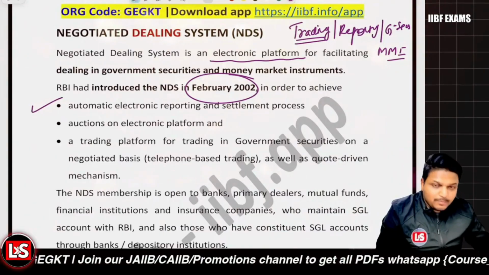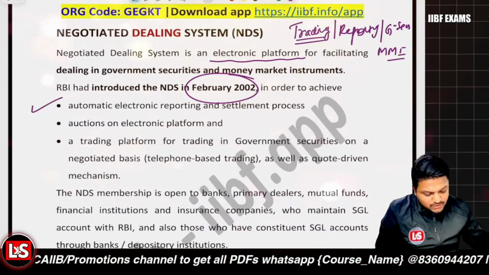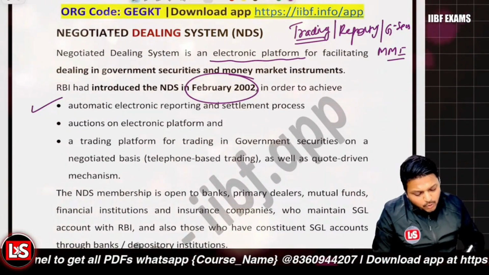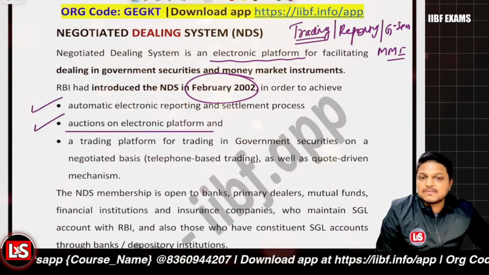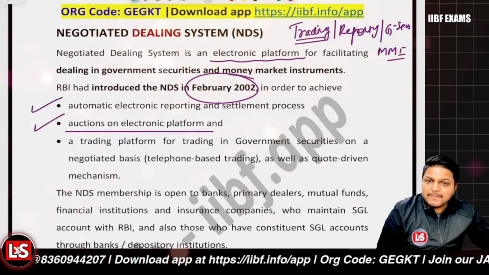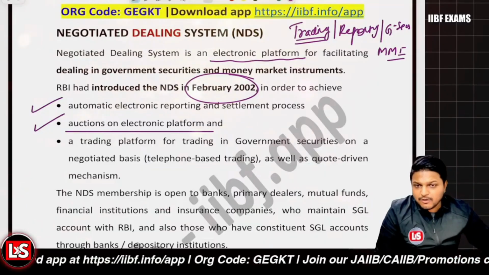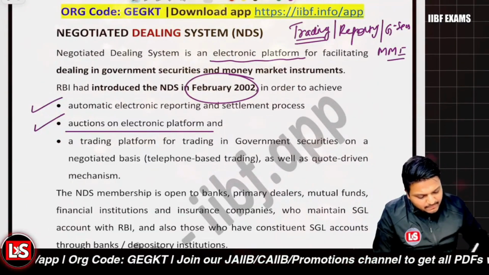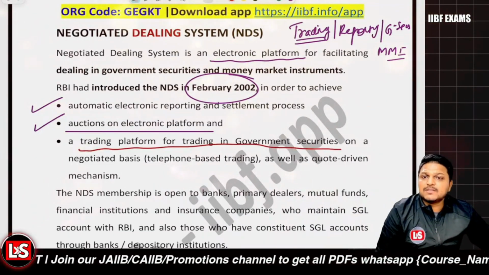So basically, the auctions can be there on an electronic platform now using this NDS. Automatic electronic reporting and settlement can be done. It can be performing the online auctions in electronic format, and further trading in government securities can be performed using this system.